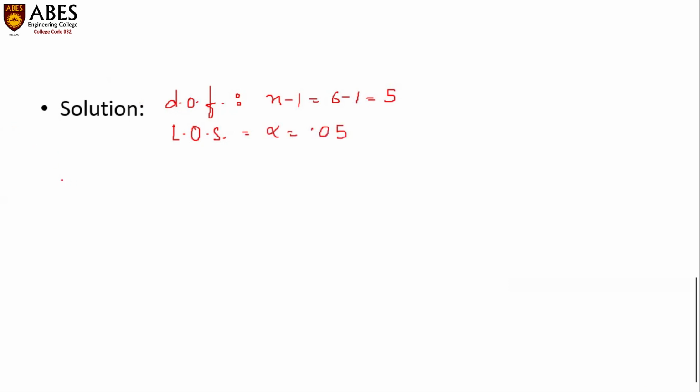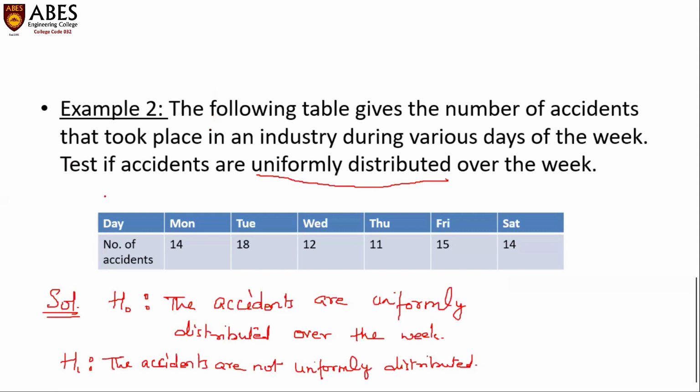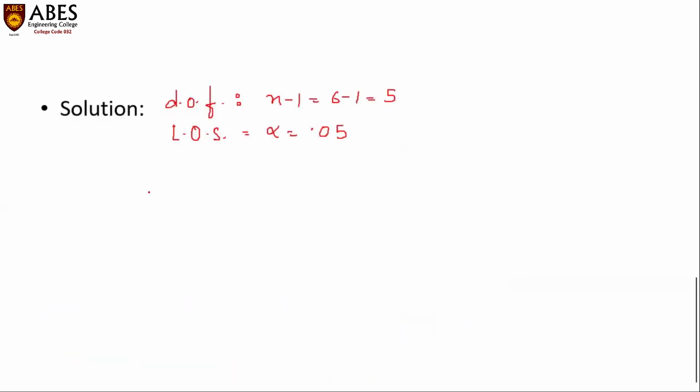Now, we have to see whether the data is uniformly distributed over the week or not. So, according to observation, the data distribution is given to us, and 14 plus 18 plus 12 plus 11 plus 15 plus 14 is equal to 84.